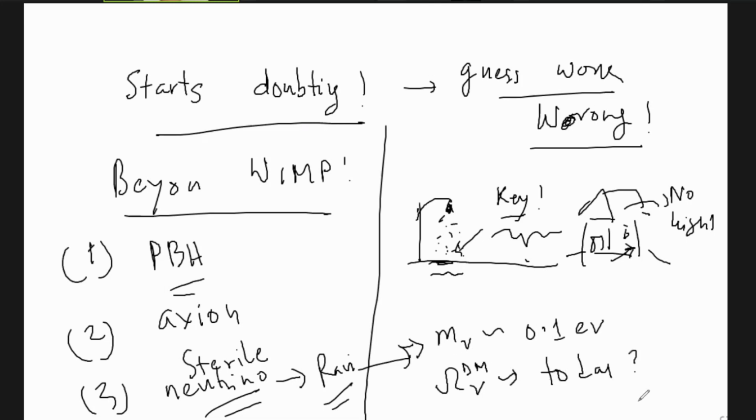The answer will be something like m by 100, m in electron volt, times some factor. So if you have 0.1 electron volt, you will see that the fraction will be 0.001, because 0.1 divided by 100 times a number, you'll get it.